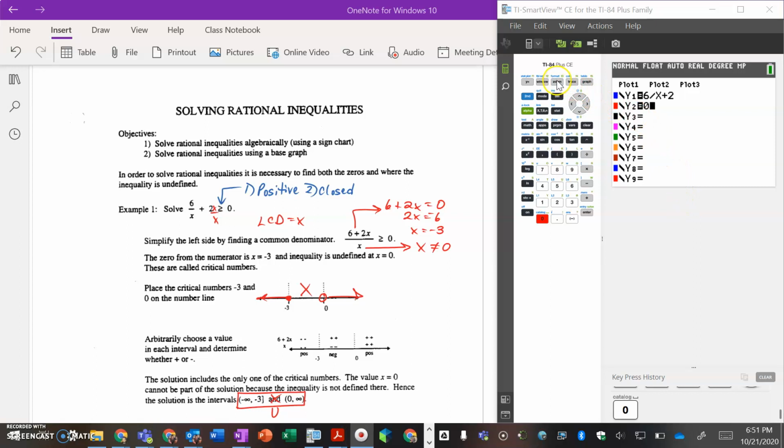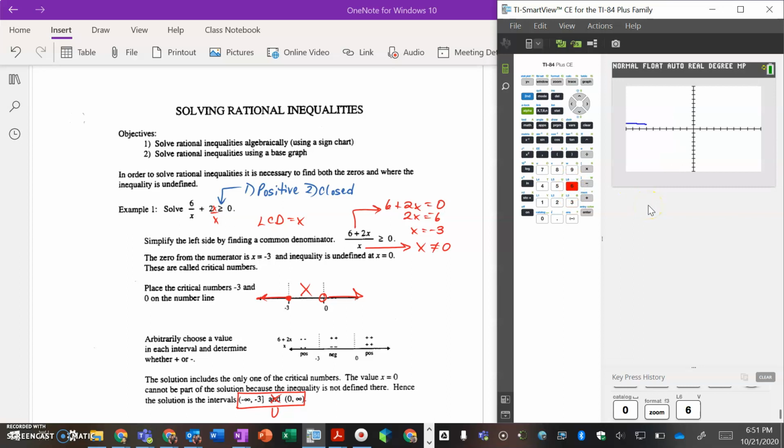If we go ahead and simply hit zoom 6, we'll see here that the graph in fact has an x-intercept at -3 as we expected it would. It also has a vertical asymptote at x equals 0 as we also expected that it should.